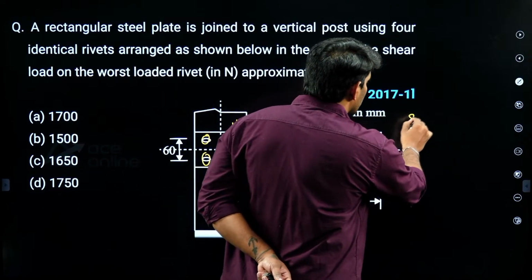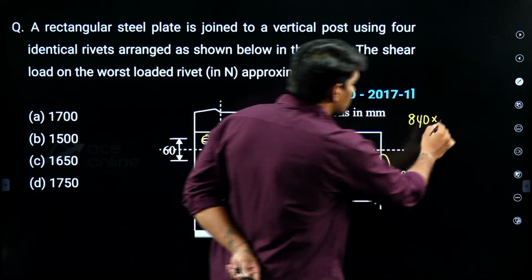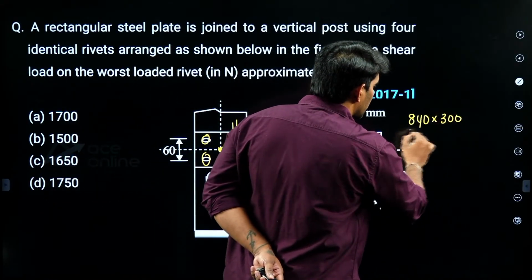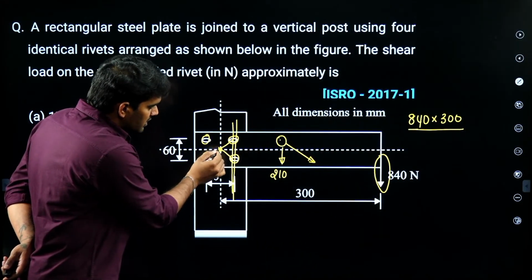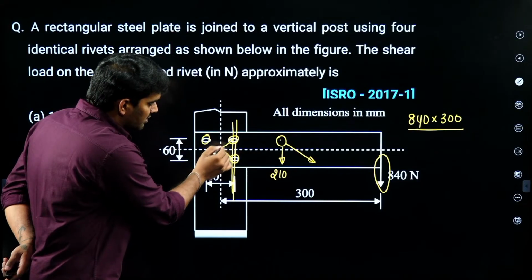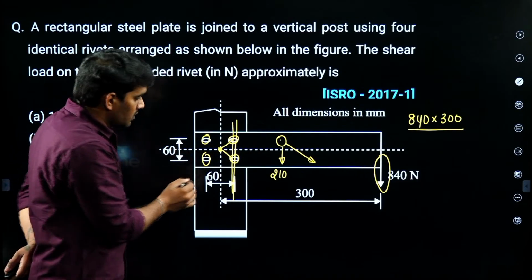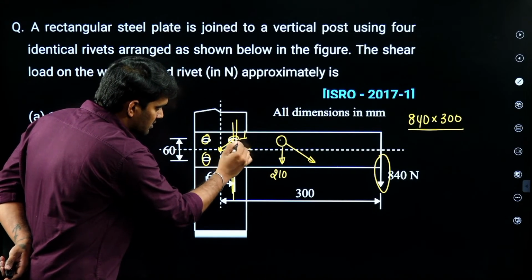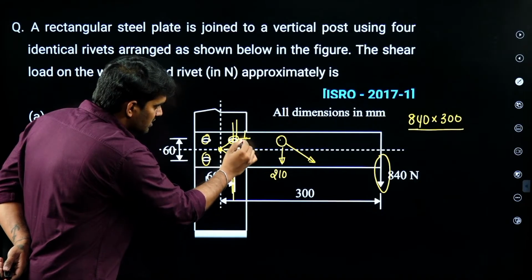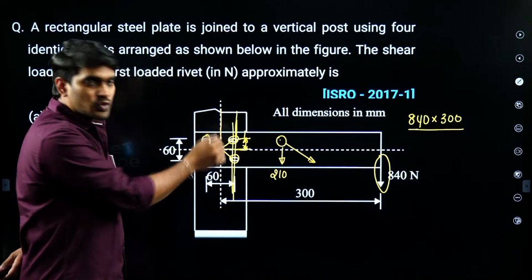It is 840 into eccentricity, which is 300, divided by, if you notice carefully, the distance from CG to this rivet. Between the rivets the distance is 60, which means from the center line to the rivet this distance is 30, and from here to here it is also 30. This is a square arrangement.